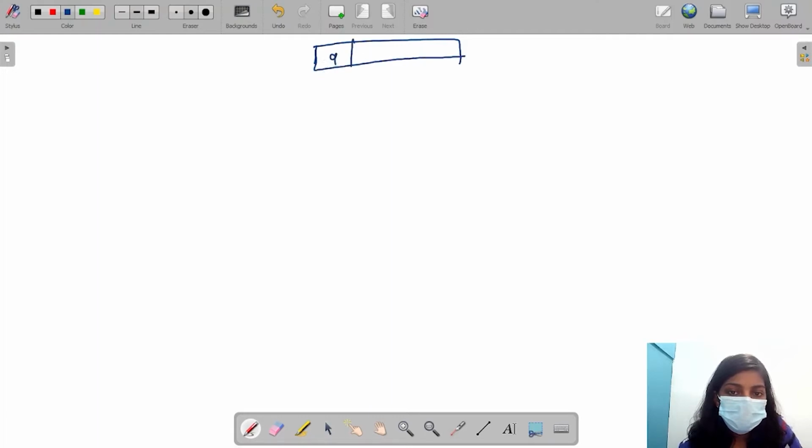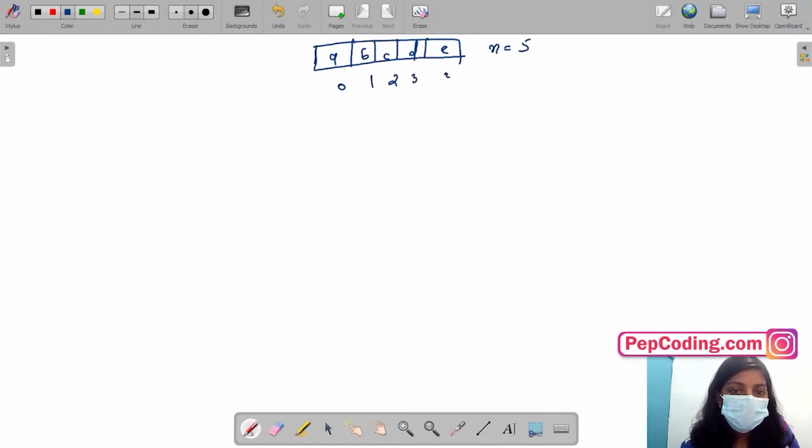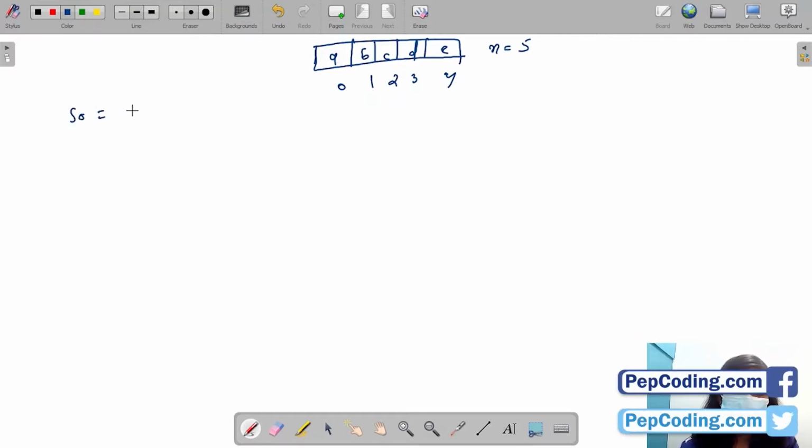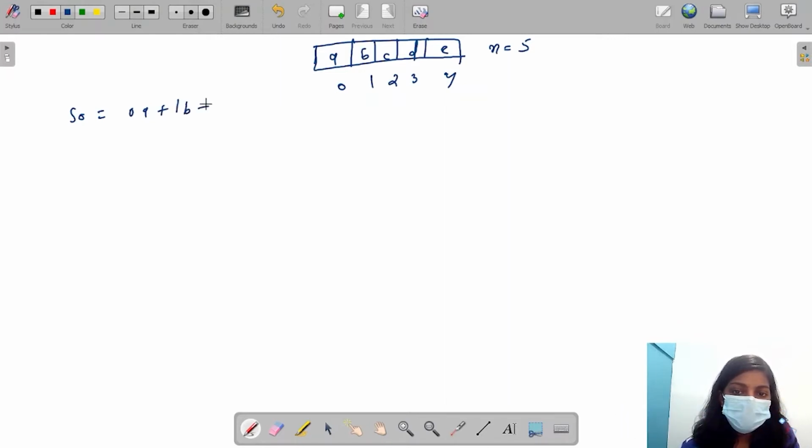It is A, B, C, D, E. Yeah, n is equal to 5. Okay, so here my S0 will be equal to what? Sum of S0 will be equal to 0A plus 1B plus 2C plus 3D plus 4E, right?